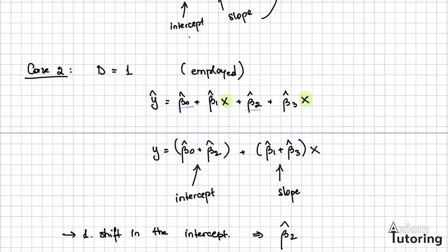So not only are the intercepts different, but also the slopes are different between the two groups.